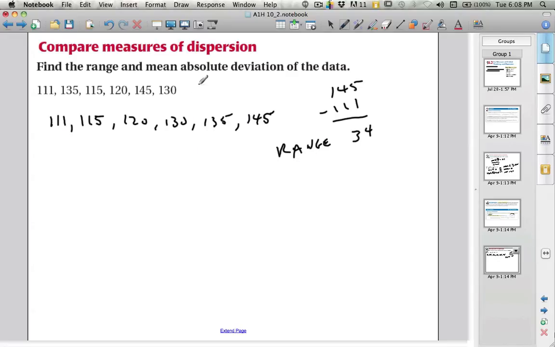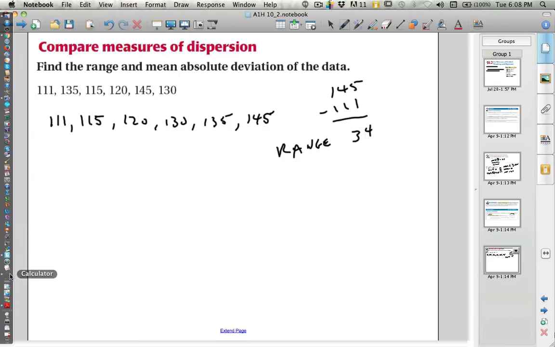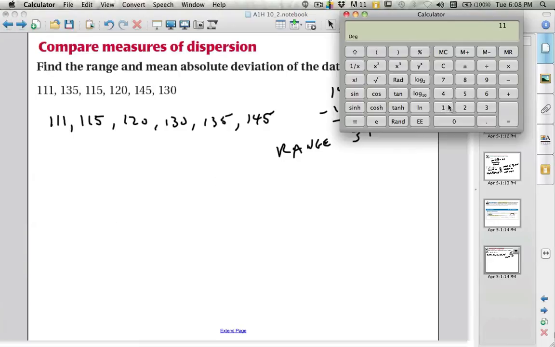Now if I want to find the mean absolute deviation, first I have to find the mean. So let's do that. I have 111 plus 115 plus 120 plus 130 plus 135 plus 145.